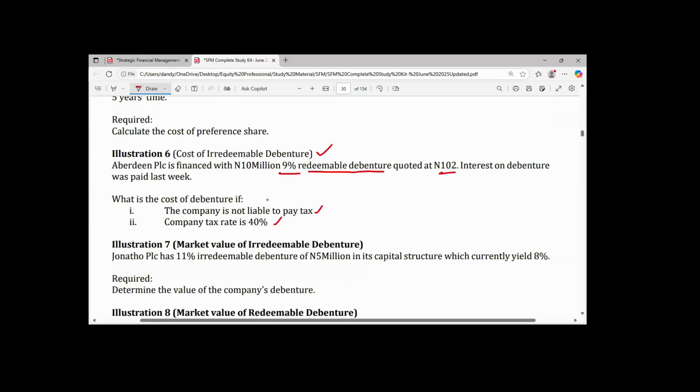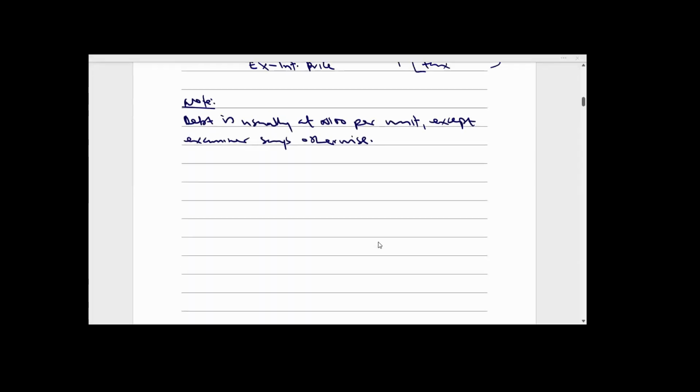Now, the name of the company is Aberdeen. So, solution to illustration number 6, Aberdeen PLC, page 29.